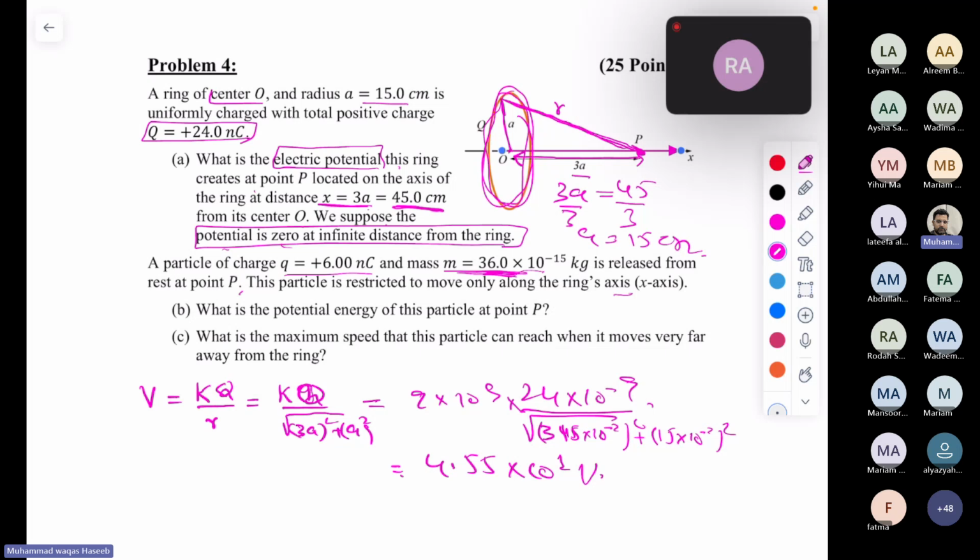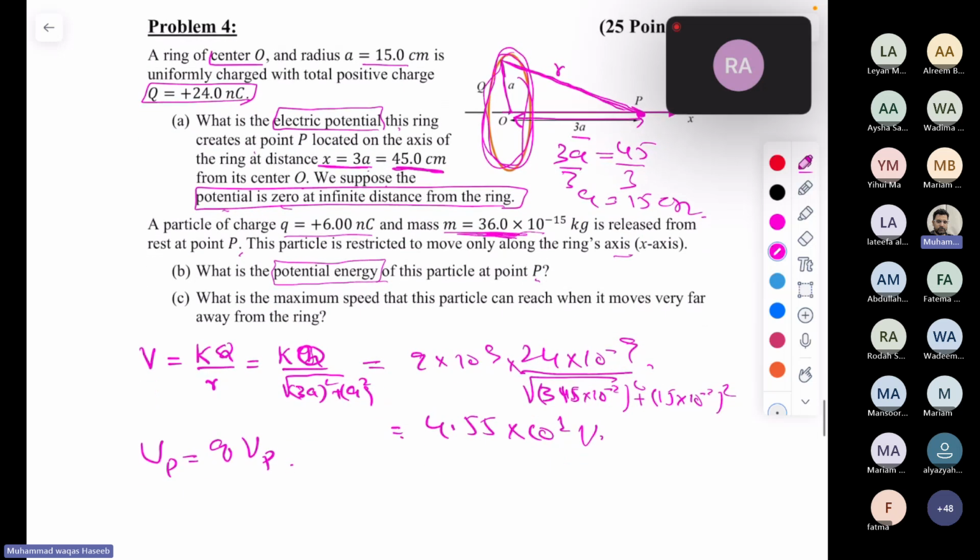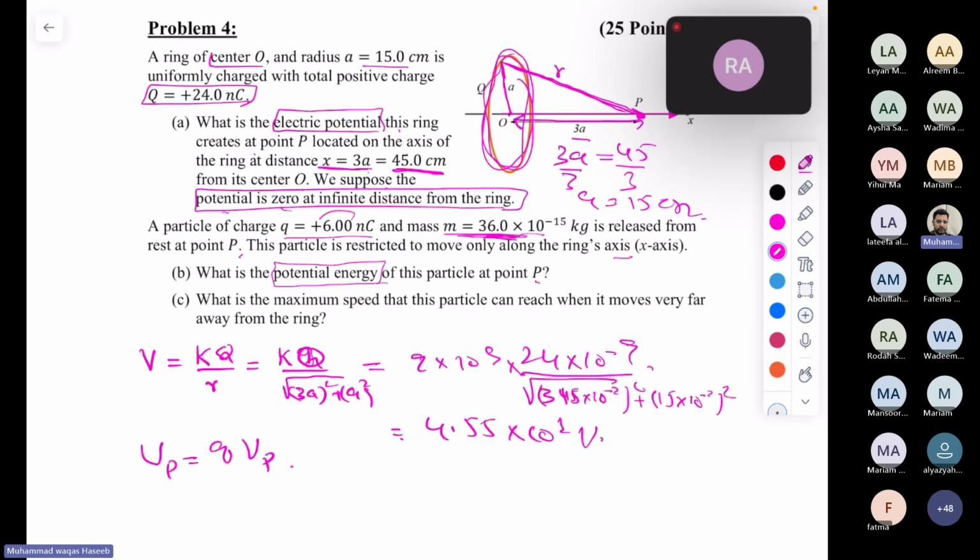What is the potential energy of this particle at point P? So potential energy is nothing but U_P is Q times the potential V_P. Q is the point charge, and we have calculated this V_P. So we substitute the value and you will get 2.73 into 10 to the power minus 6 joule.